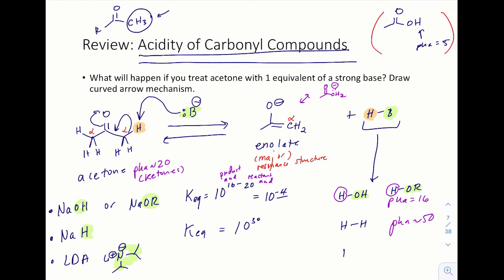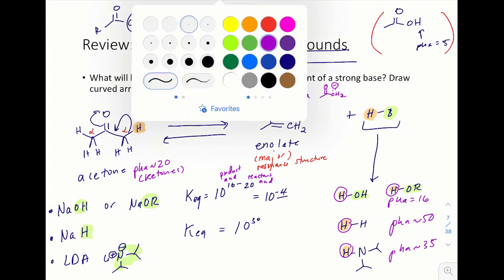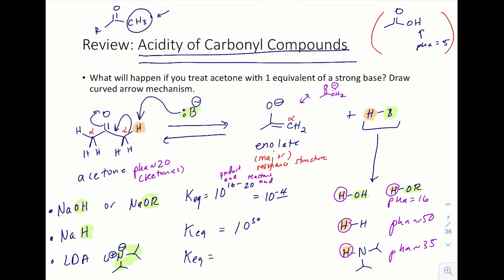And LDA, the conjugate acid of LDA is diisopropyl amine. The pKa of an amine is around 35. So the equilibrium constant for treating acetone with LDA will favor the products and be on the order of about 10 to the 15.